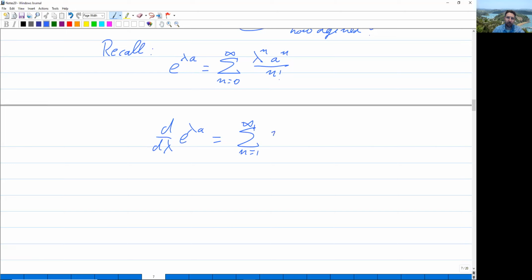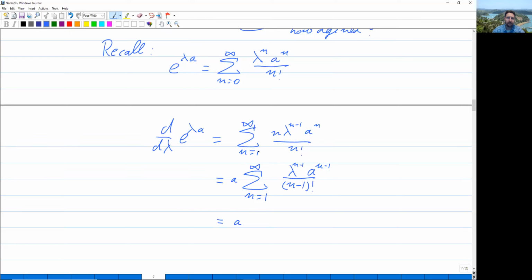And as we do that, we obtain n times lambda to the power n minus 1, and everything else stays the same, of course. And we can write this in the following way. This is the sum n equal 1 to infinity, and then this n cancels one factor in the factorial here, so we obtain n minus 1 factorial here. We also have a lambda to the power n minus 1, and we have an a to the power n minus 1 if we pull one of the a factors in front. All right, so we then obtain that this is a times.